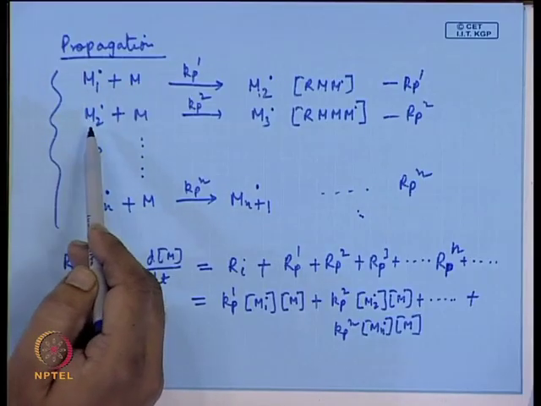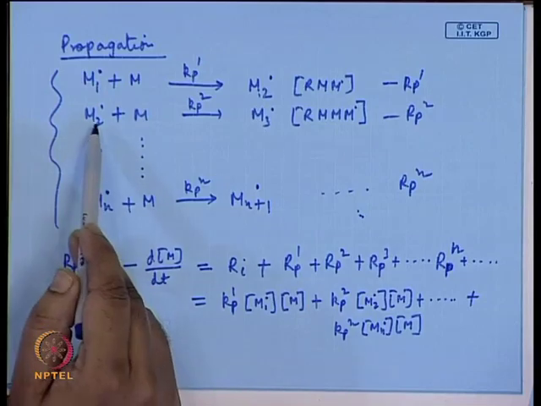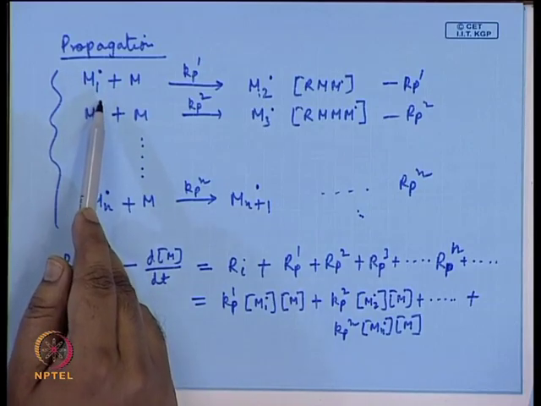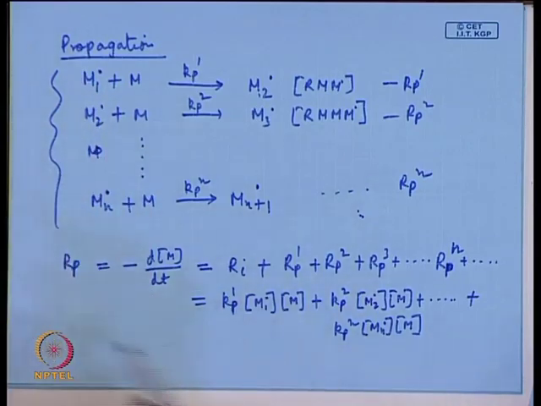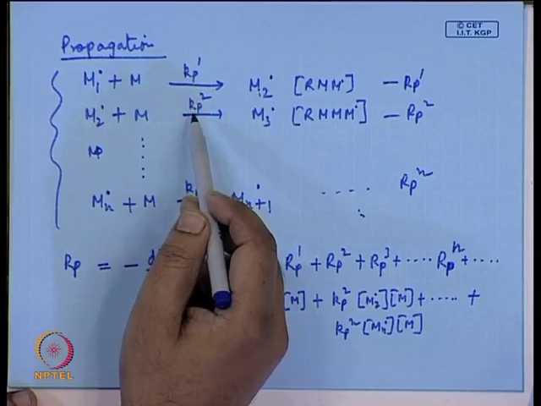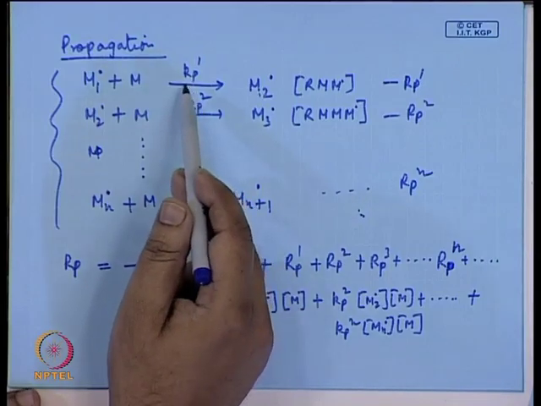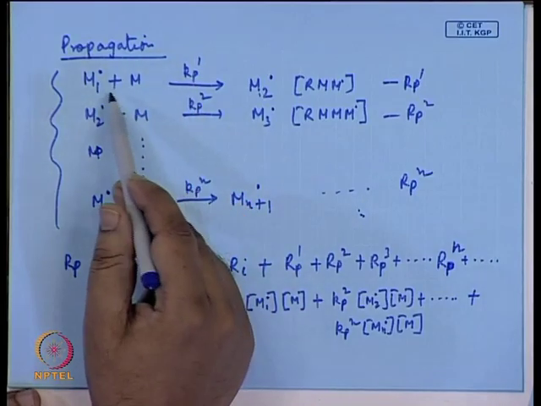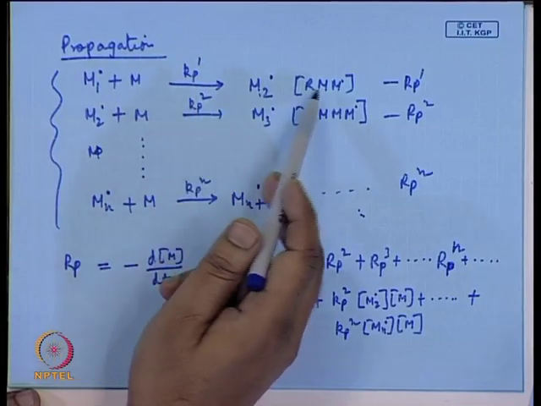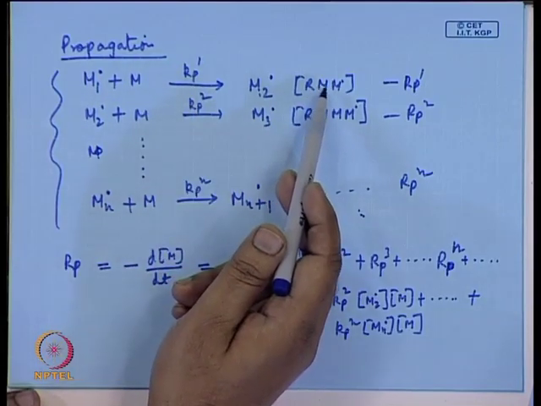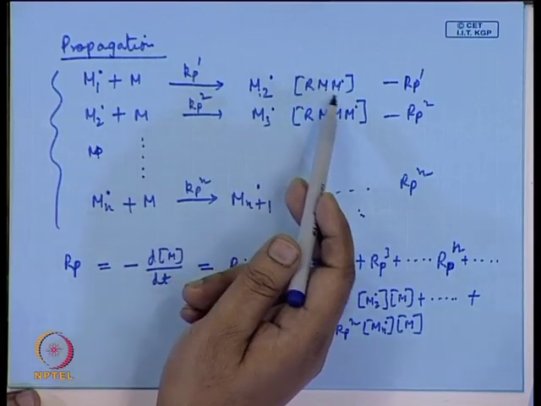Similarly, in this case we are assuming that the reactivity of this radical does not depend on the size of the molecule, whether it is M1, M2 or so on, because it has been experimentally proved that the rate constants all become the same as soon as the chain contains 2 to 3 monomers.